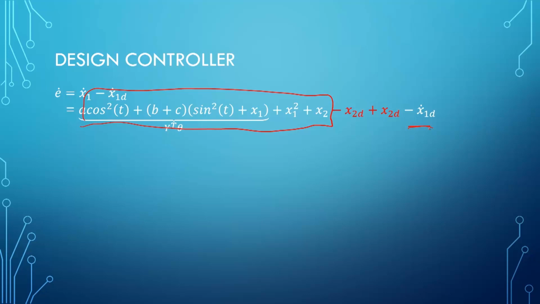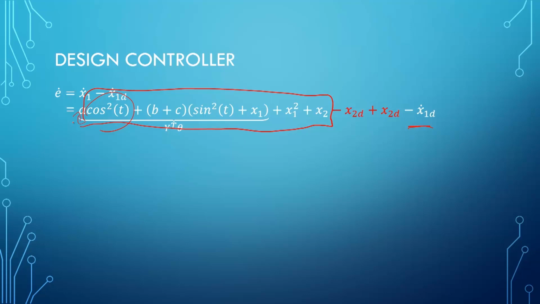So we consider this part as y transpose theta, because it's a combination of unknown constants. Those coefficients, for example, cosine squared x, can be considered as a coefficient of A. So it's linearly parameterized.